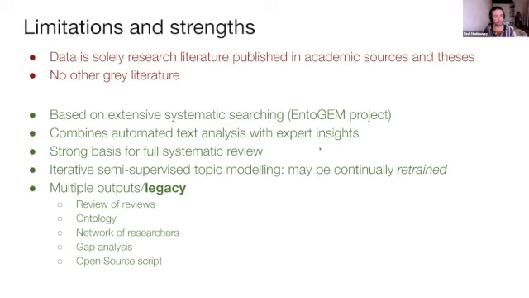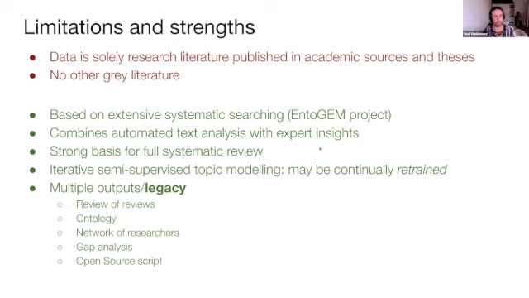So it's built on a very extensive curated evidence base that relates to insect populations. Another strength is that we've combined the automatic approach of text analysis with expert insights, so that we're able to combine a detailed conversation with experts with some of the more automated processes that might do what we want, but might also be very strictly applied and might make what we would call mistakes.